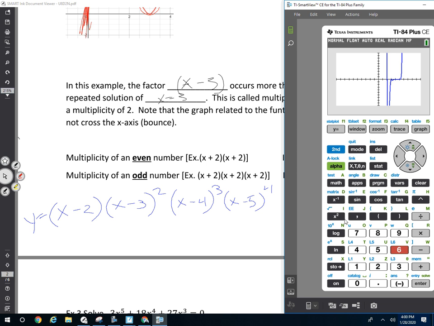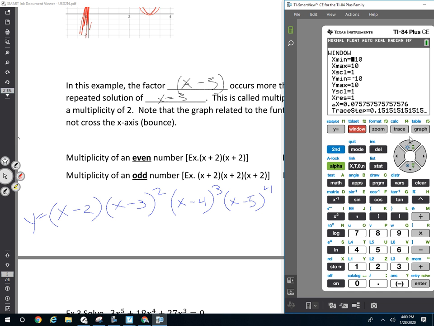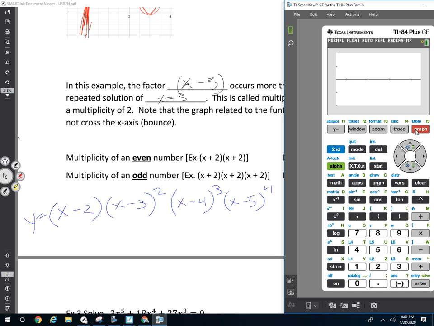Okay, I'd like you to do something for me. Adjust your window so you're going from 1.5 to 5.5, and from -2 to 2 for your y's. As long as the min is less than the max, you're good.